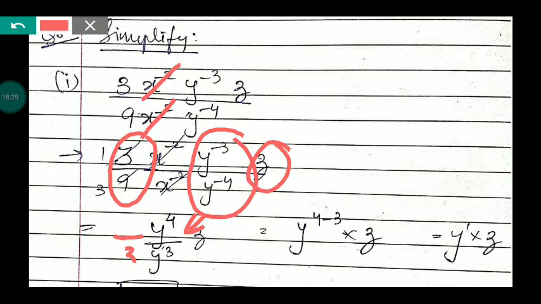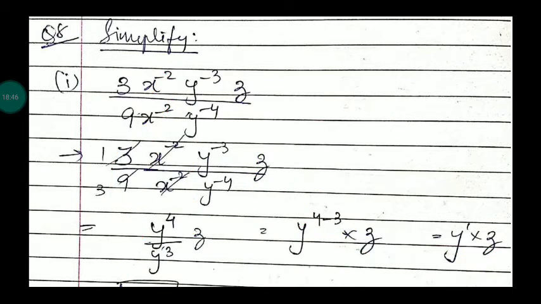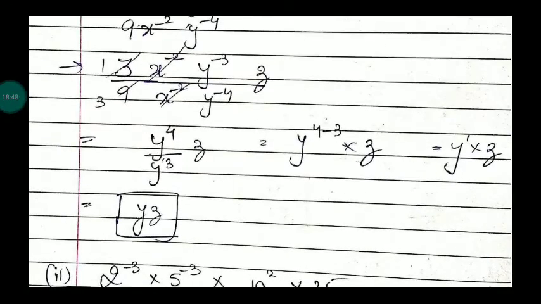So here we get 1 upon 3 everywhere. So y raised to 4 minus 3 is y raised to 1. So the simplified answer will be yz upon 3.